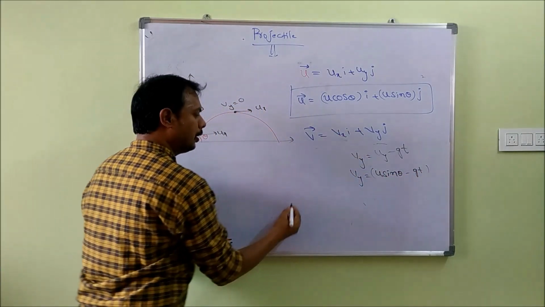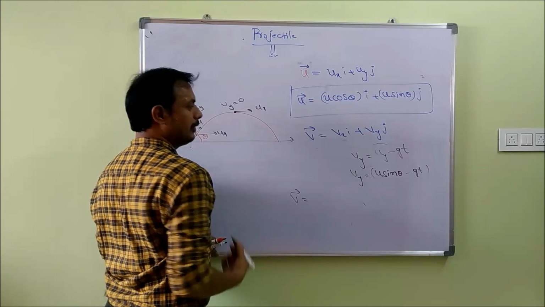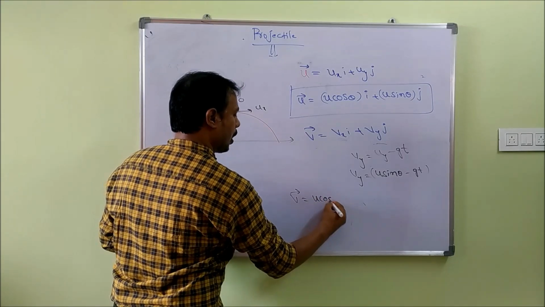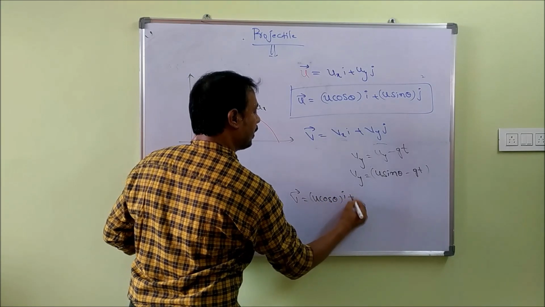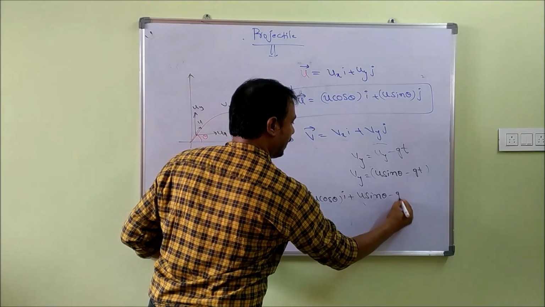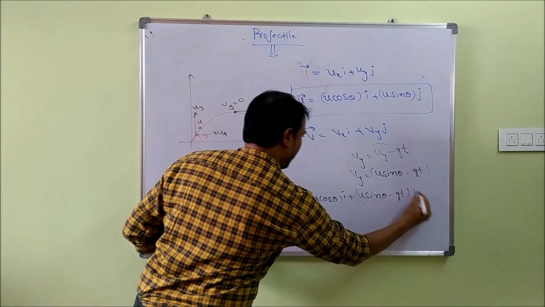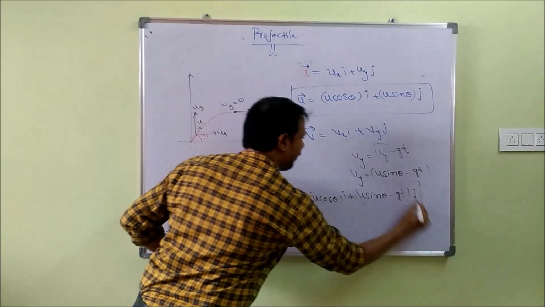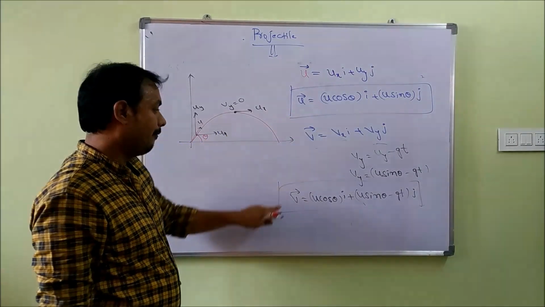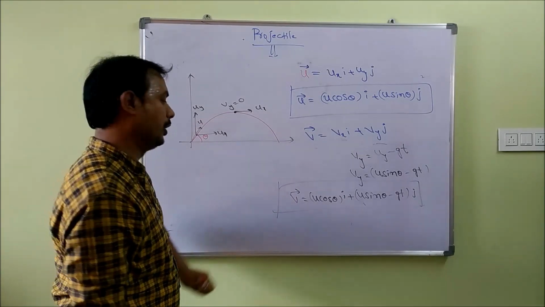Now substituting here, we get the final velocity vector: vx is ux, that is u cos theta i, and vy is u sin theta minus gt into j cap. This is the final velocity, the initial velocity vector representation and the final velocity representation.